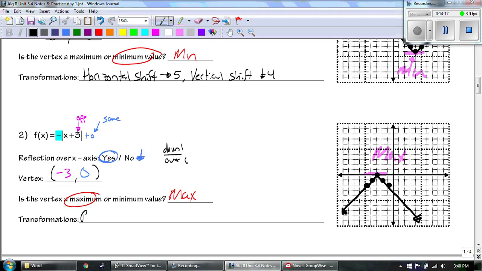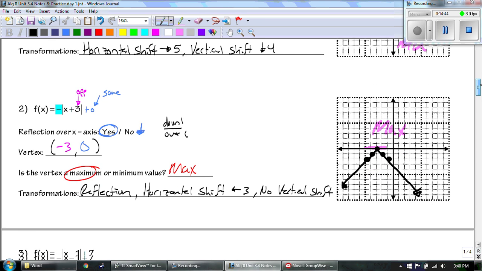Well, there was a reflection because it's going the opposite direction. And then there was a horizontal shift. And we went left 3. And if you want to, you could say no vertical shift.